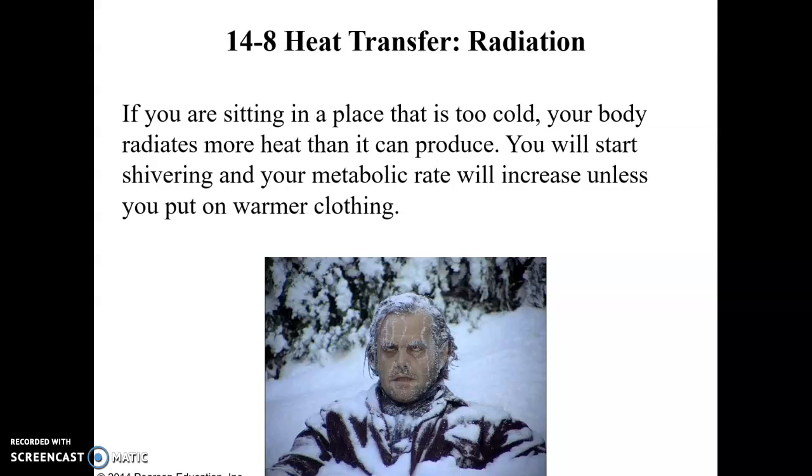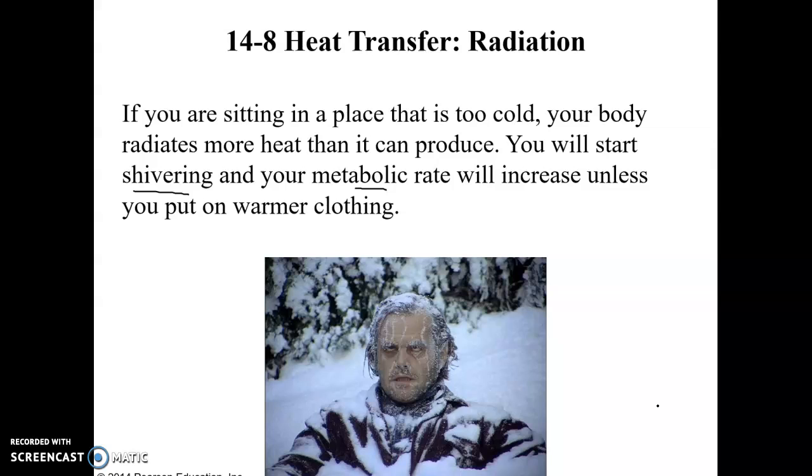And so one way that the body copes with that is to start shivering. Why do we shiver, if you've ever wondered about that? Shivering actually forces your body to move involuntarily, which increases the metabolic rate, which increases your internal temperature.